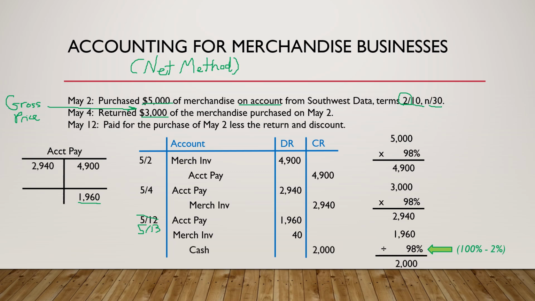Prior to this debit, merchandise inventory had a $1,960 balance. This adjustment increases its balance to the cash actually paid for the inventory. Just as in our previous example, our cost principle is upheld.